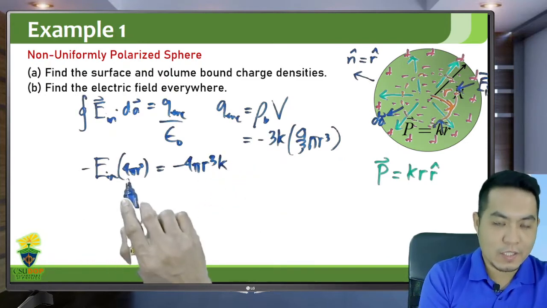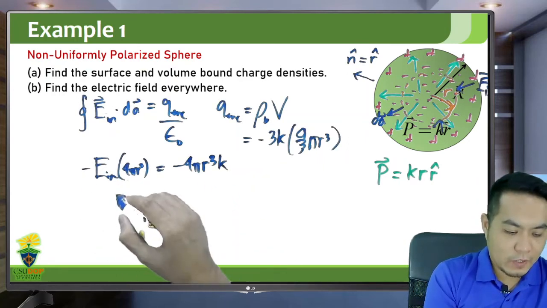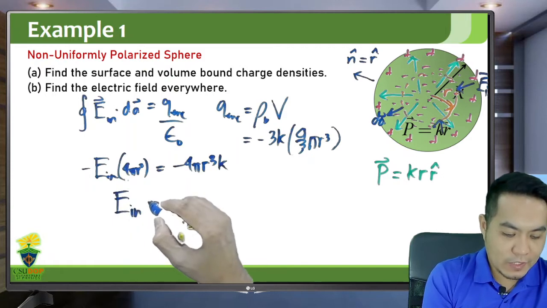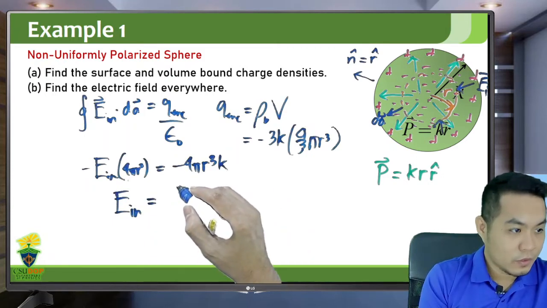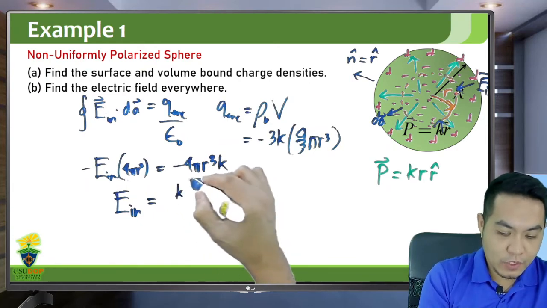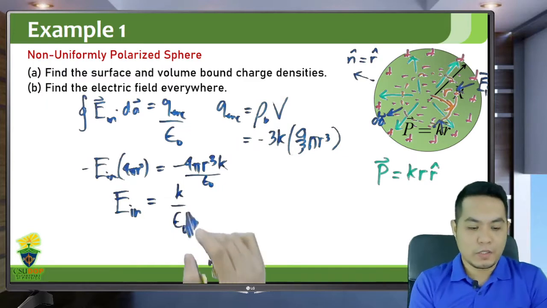Okay, cancel the 4 pi r squared, and the negative and negative signs. So the magnitude of our electric field inside is k, sorry, there's an epsilon naught here, so k over epsilon naught. This is the magnitude.